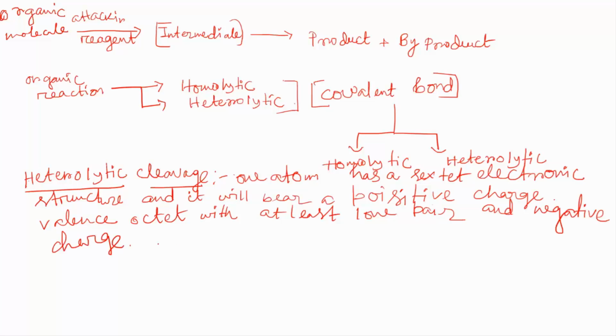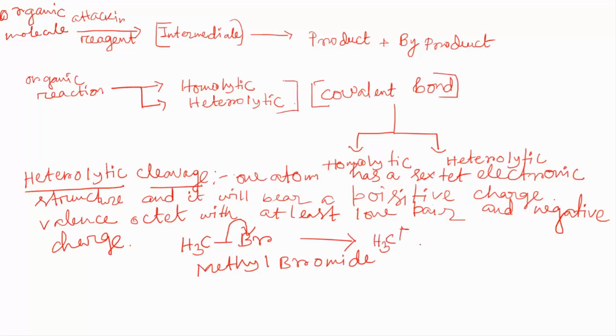Now, for example, let's say we have CH3Br. That is known as methyl bromide. So how does this happen? If it goes via heterolytic cleavage, then you will end up getting CH3+ plus Br-.